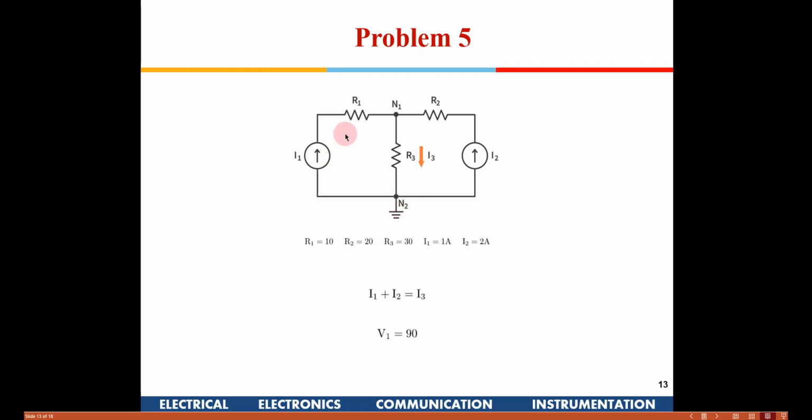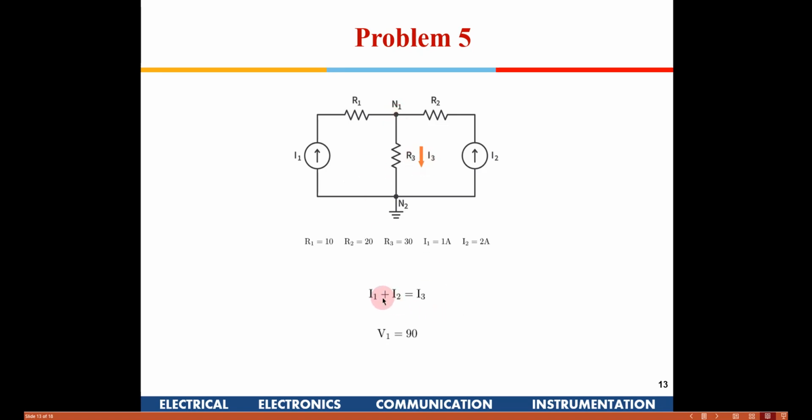And then one equation is pretty straightforward. I2 plus I1 is I3, so you can write that straight away. Since this voltage is not known, we are going to find that voltage.